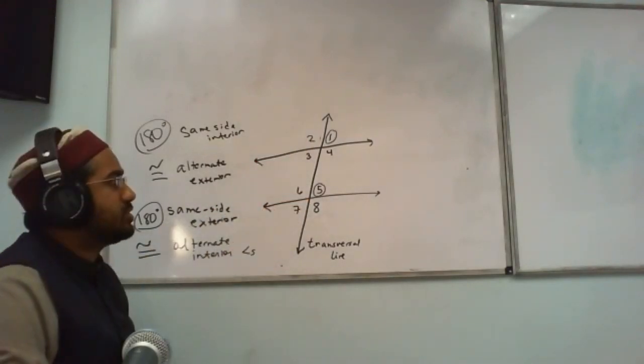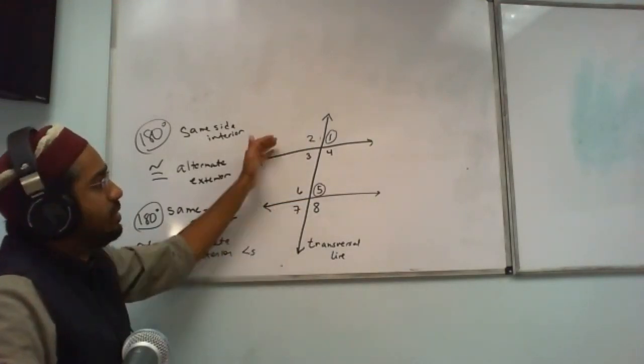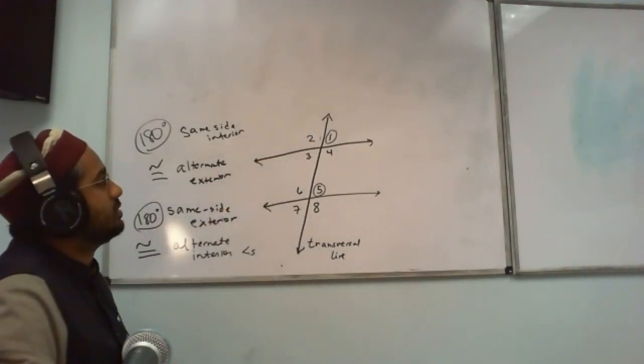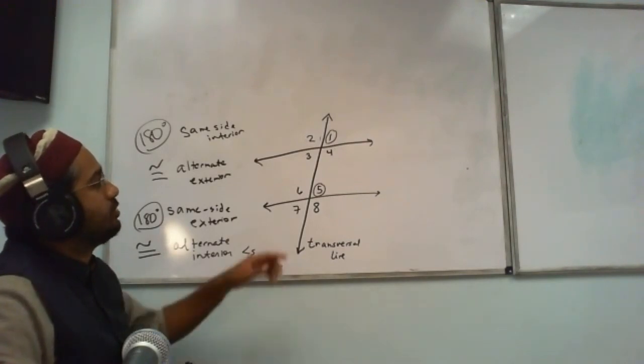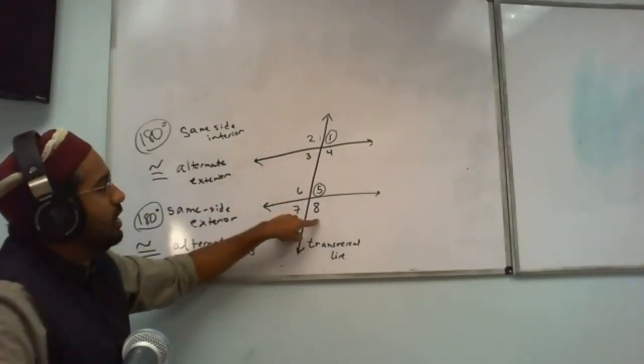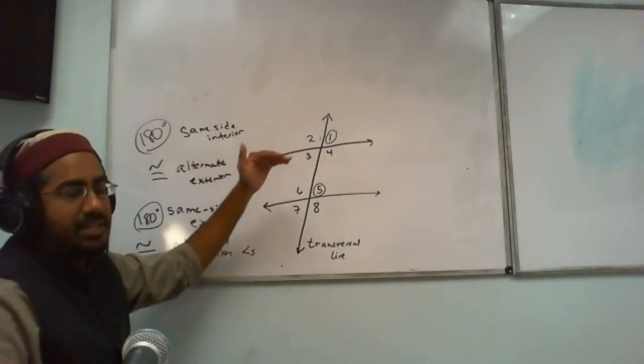Okay. Can you name some other sets like that? So 1 and 5, and then what else? 3 and 7. Okay, Ismail, can you name 2 others? 2 and 6, okay. 4 and 8. Right, so 2 and 6, and 4 and 8. You see how those are all in the same place in the 2 different levels?